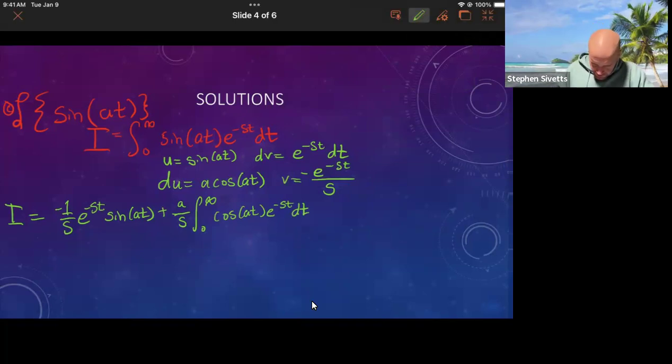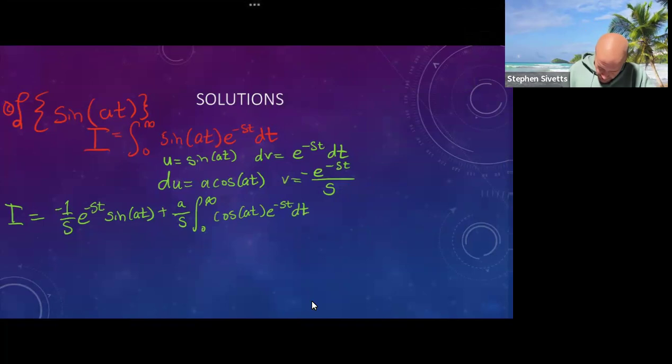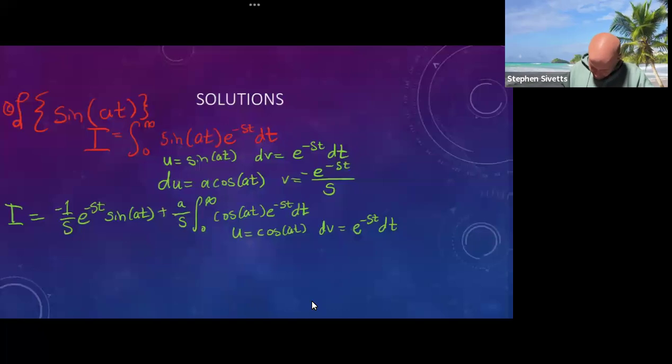Okay, so we do integration by parts again. So u equals cosine of at, and dv is equal to e to the minus st dt. And so du is equal to negative sine at, and v is equal to minus e to the negative st over s.